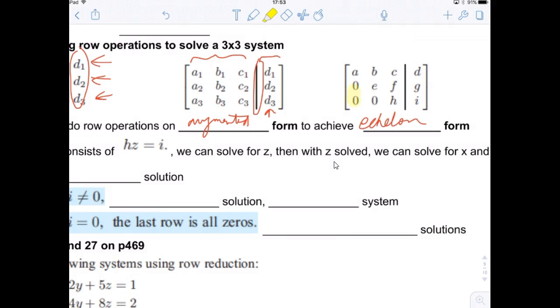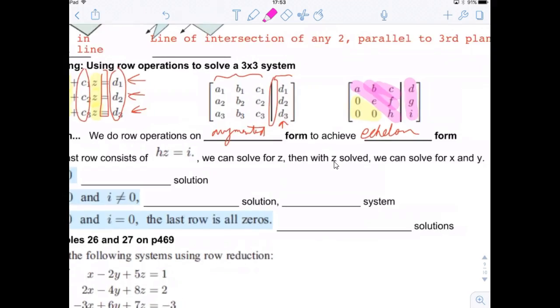Echelon form looks like this, where the lower left part of the matrix is all zeros, and the upper right part, starting from the diagonal to the upper right, is not zero. And the numbers on the right are either 0 or not 0, depending on what is left over after you do a bunch of row operations.